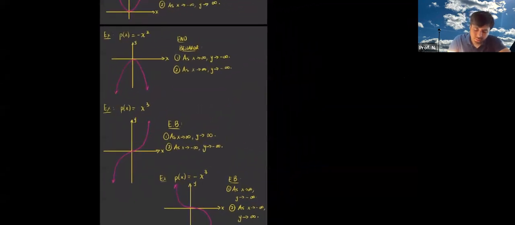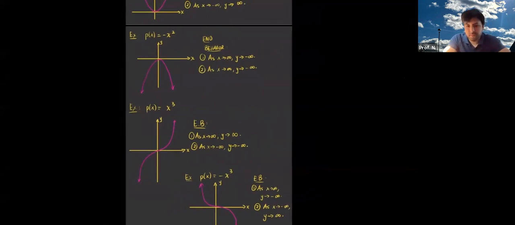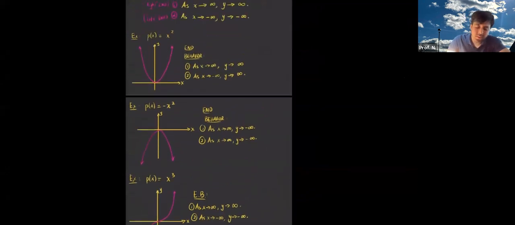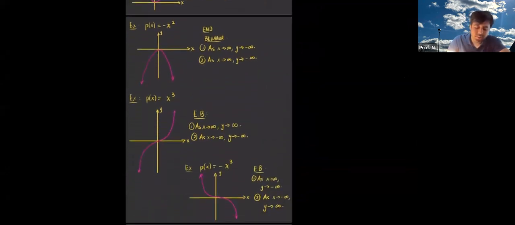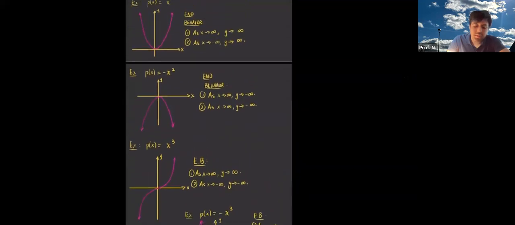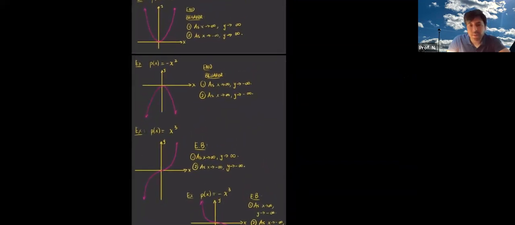And you may ask me, why do we do all of this? Why these? Why start with these small polynomial power functions with these exponents, these degrees? It's because if you know the end behavior for these four functions, you essentially know the end behavior for any polynomial.